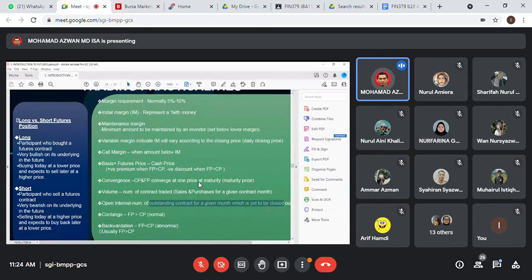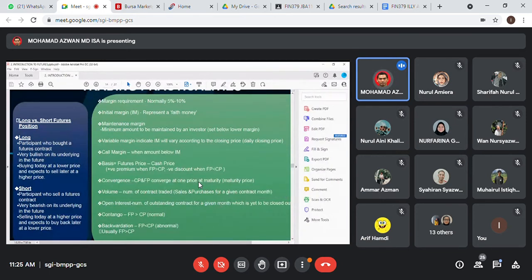Okay, belum lagi close. Okay, for example, katakan November contract for FCPO and FKLI. Okay, that is open interest. Open interest. Maksudnya number of outstanding contract for given contract month.